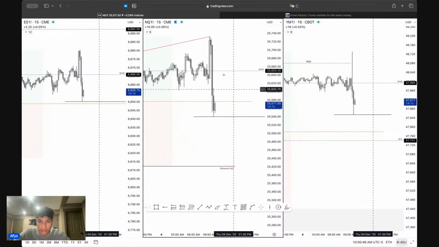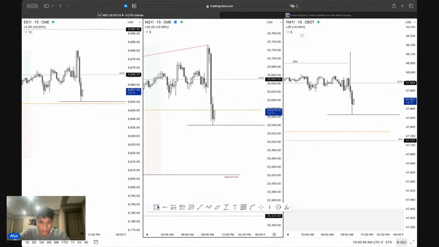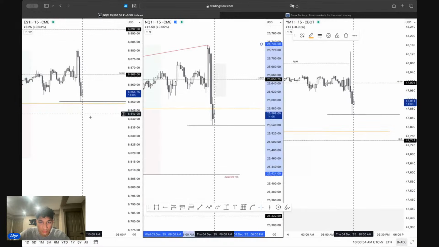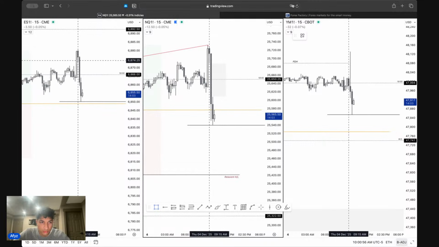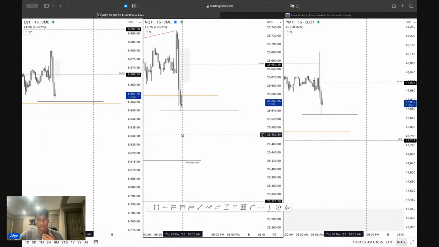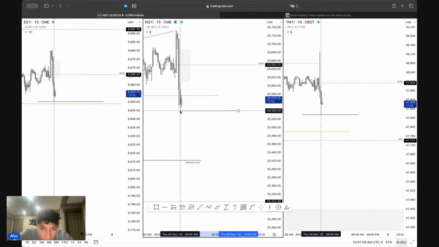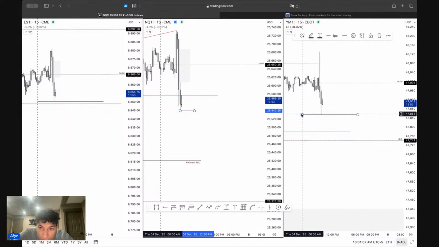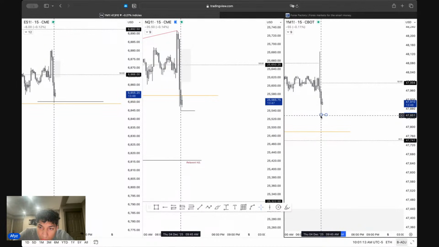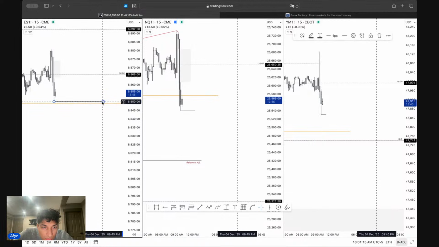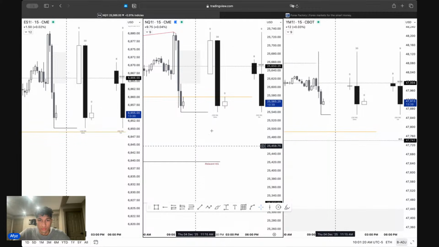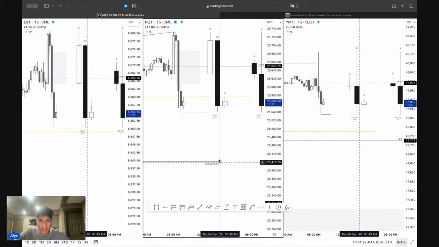Yeah, so where I'd like to see this wick form is inside this gap, right? Looking for this candle to open high, form its wick, and then trade away from that.